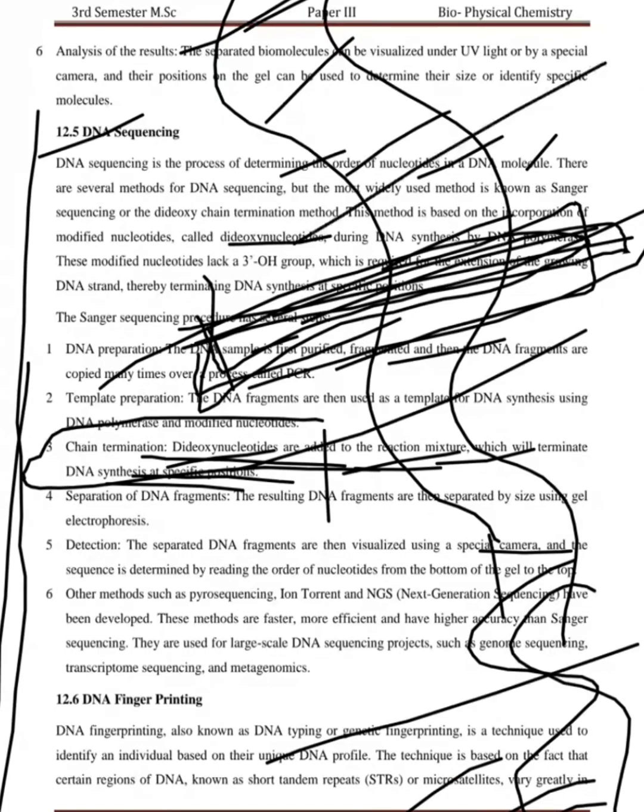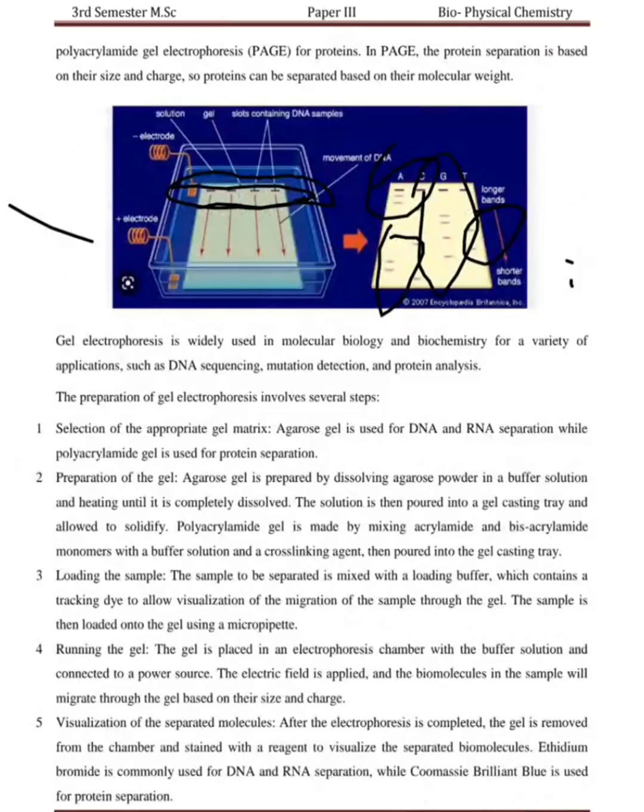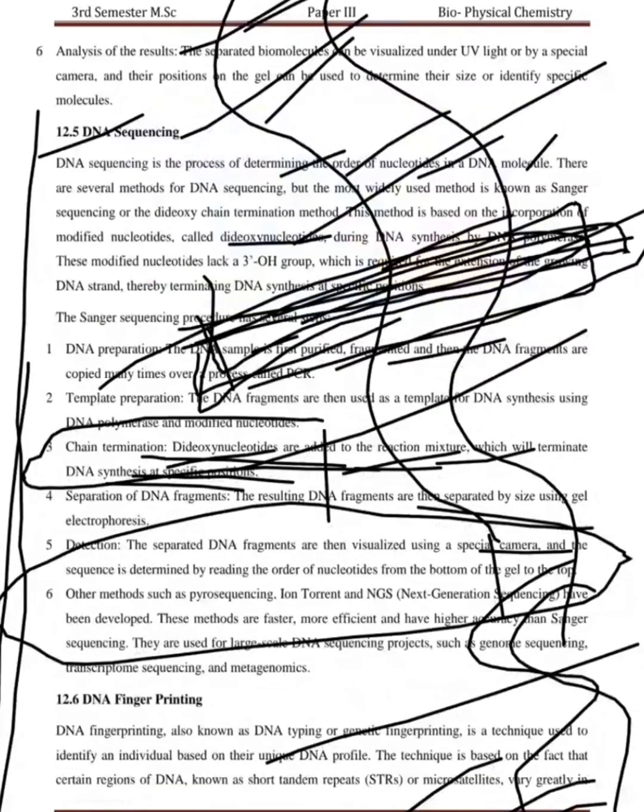Further, how are you going to separate this? Once synthesis is done, you need to separate and identify again, so you go back to the gel electrophoresis method. In the previous method DNA and RNA could be separated, and here also by this method they can be separated. So the DNA gel electrophoresis method is used.